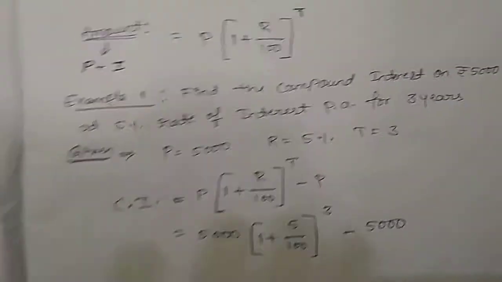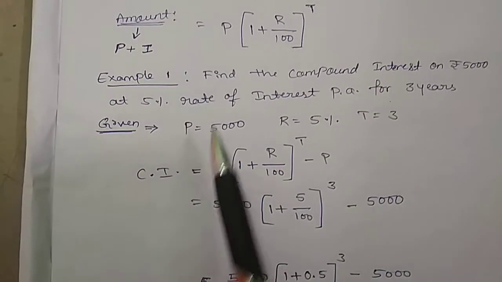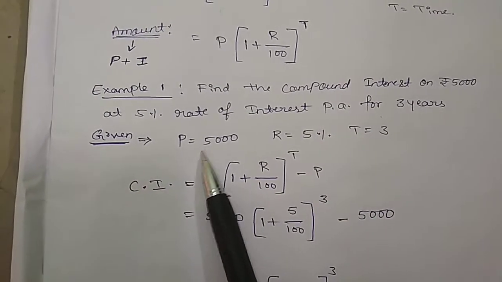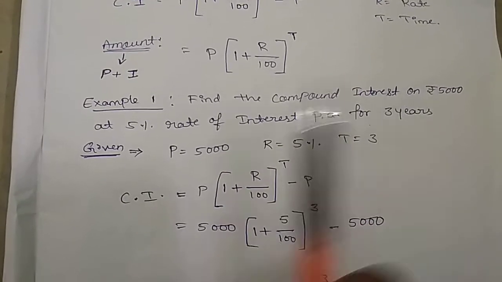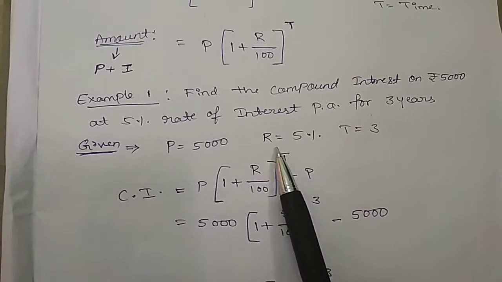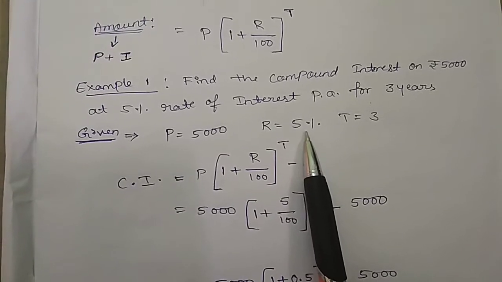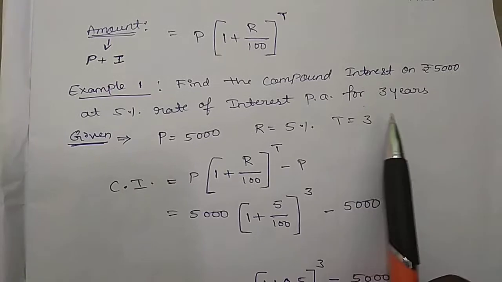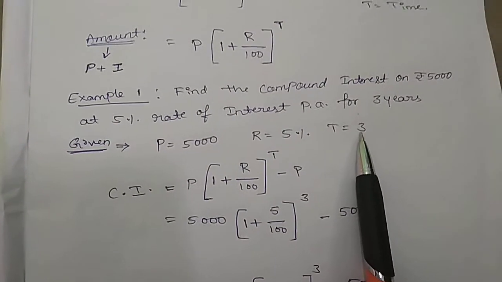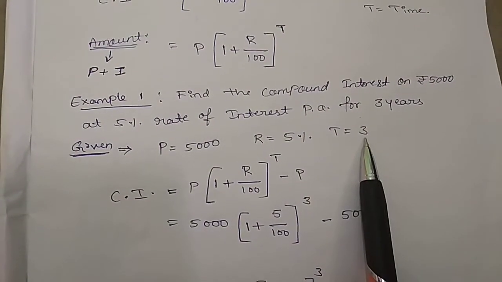Given: P is 5,000, the principal amount, because he borrowed 5,000 rupees, and the lender is charging 5% rate of interest. T means time period, they gave 3 years, so it will be 3.